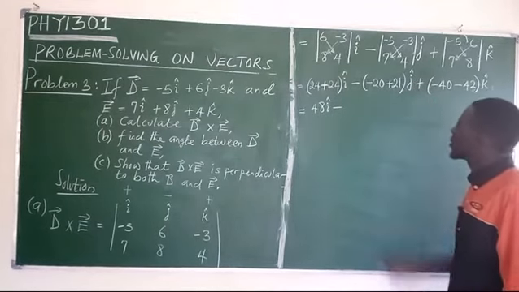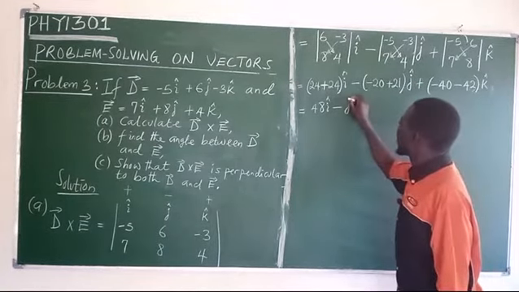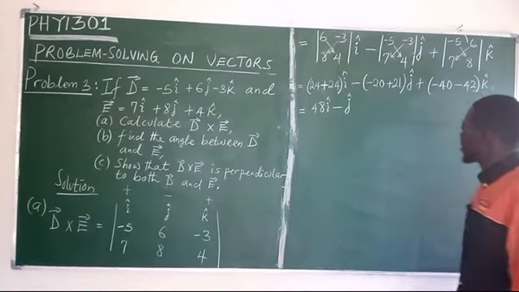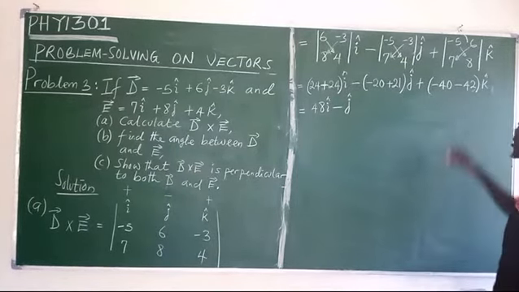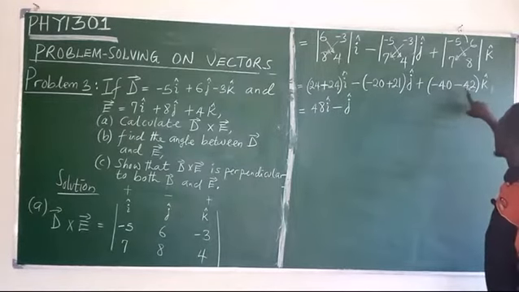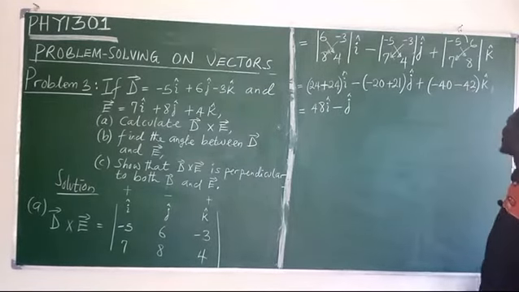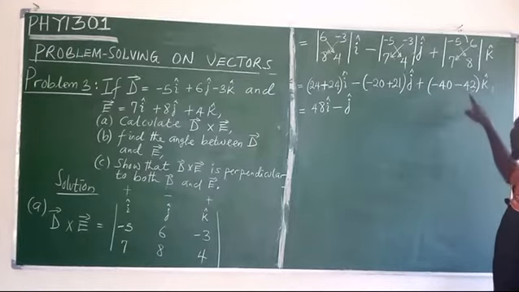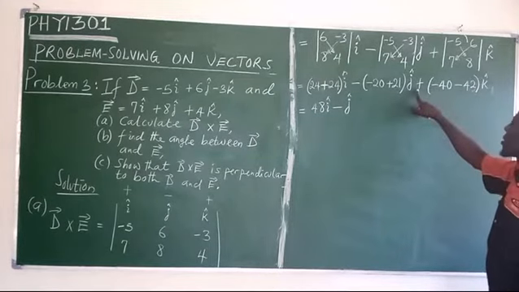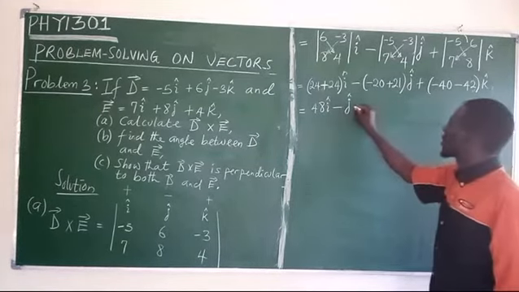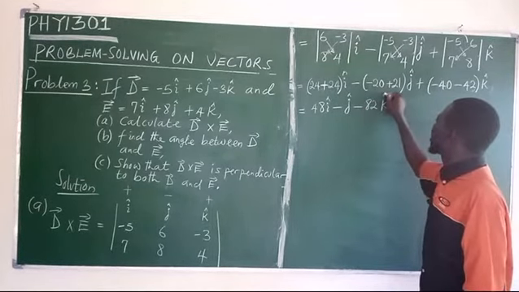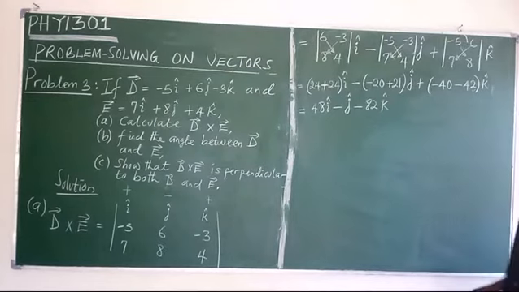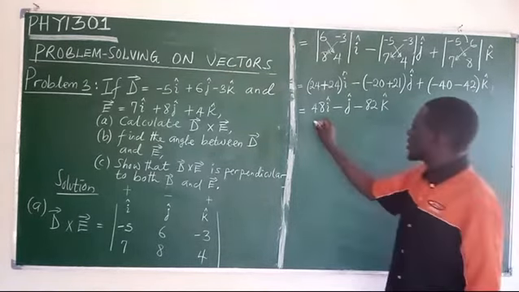But if the coefficient of J is 1, we can omit the 1. We know that 1 is here, of course. Negative 40, negative 42 will be negative 82, and plus minus is still minus, so I have minus 82 here, K hat. This is D cross E. We are done with A.